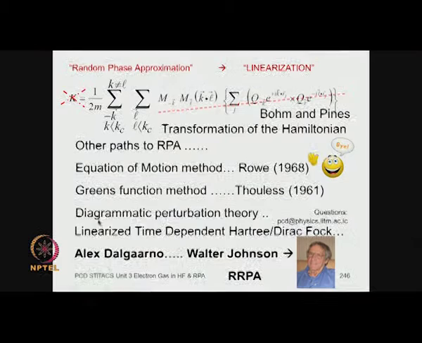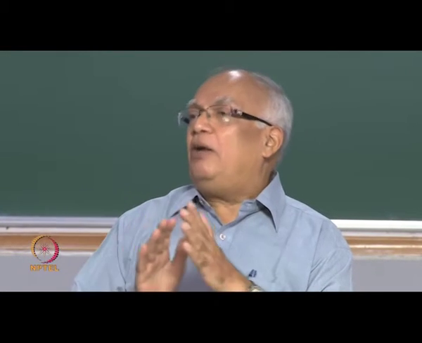And in the next unit, I will introduce the diagrammatic perturbation theory, the Feynman diagrams, and there also we will develop the Feynman diagrams, and we will see that a certain class of diagrams correspond to the RPA. So, the Feynman diagrams have got various shapes, and there are diagrams which we will write as what are known as ring diagrams, and these are the diagrams which we can retain, ignore some of the other diagrams.